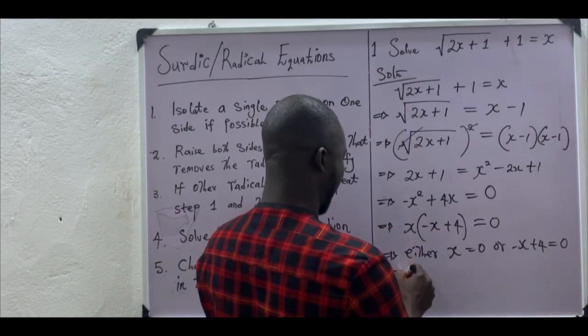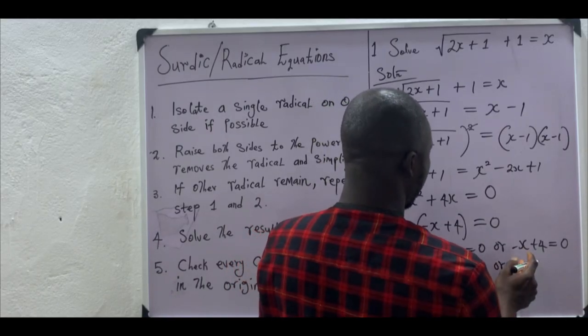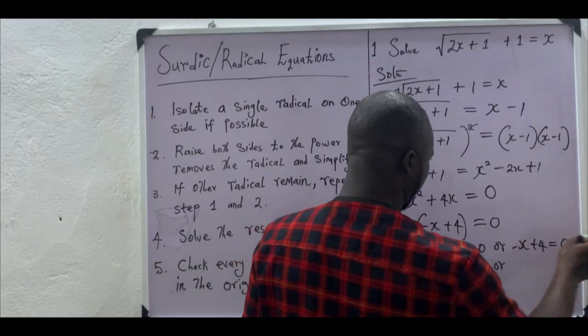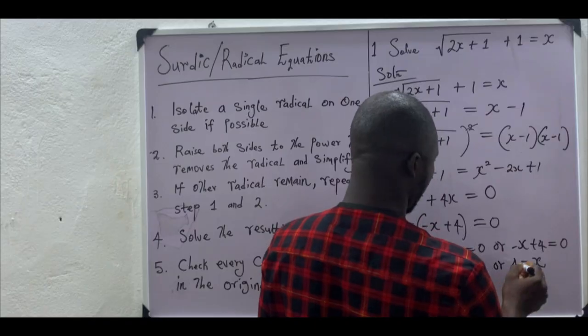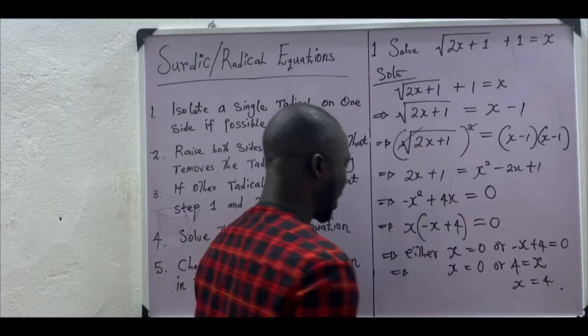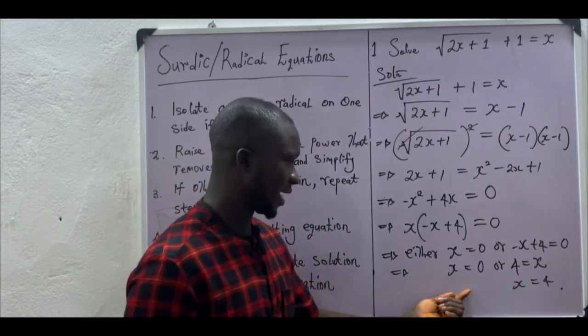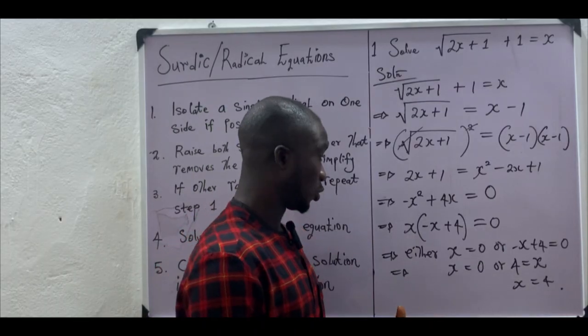So this will imply that either x is equal to 0, or if I add x to both sides of the equation, I'll have that 4 is equal to x, which will also imply that x is equal to 4. So we have obtained two possible values of x. One is that x is equal to 0, then the second is that x is equal to 4.